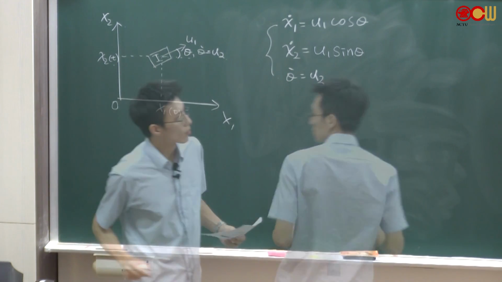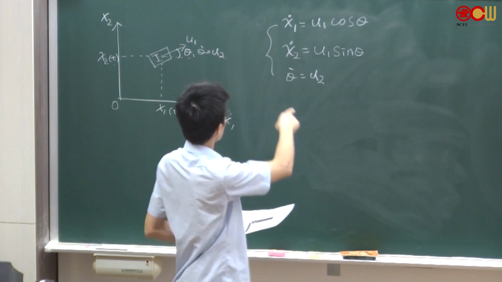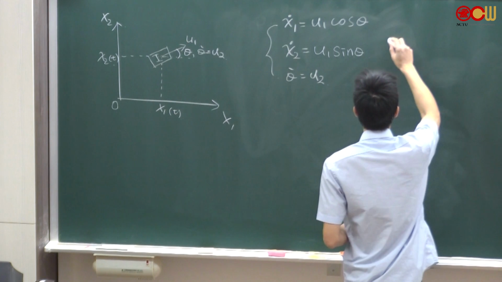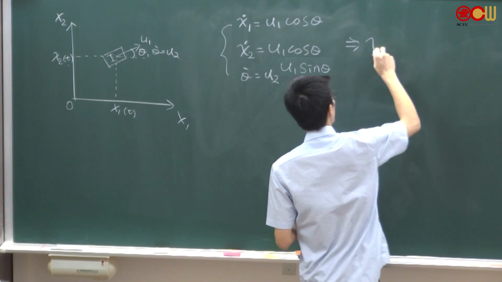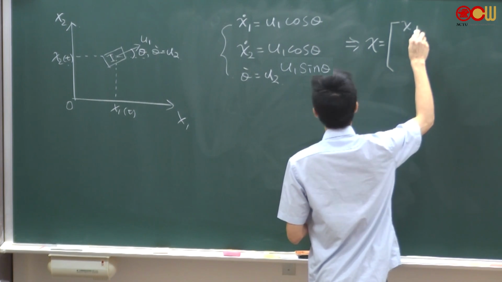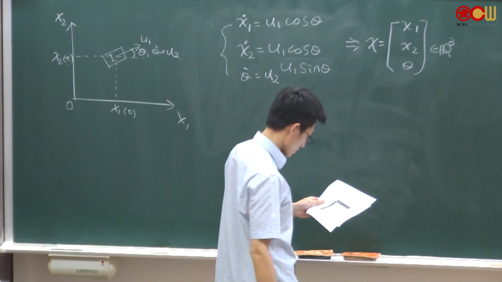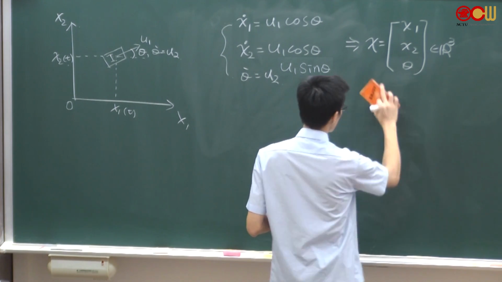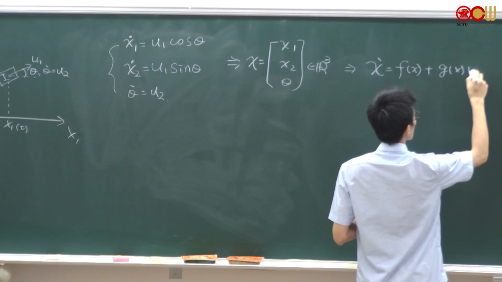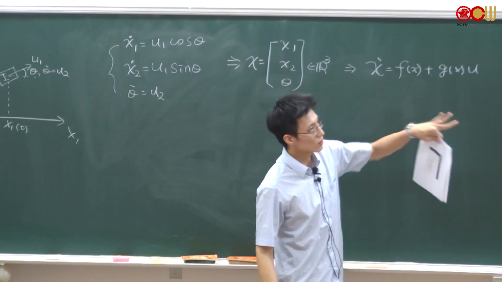Okay, so now what are f and g in this system? You can say the state x is x1, x2, theta, a three-dimensional column vector. And what is f? How many control inputs are here? Two, right?